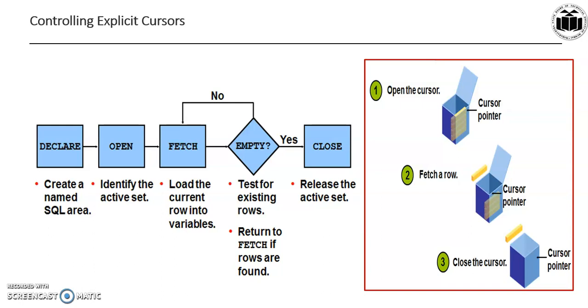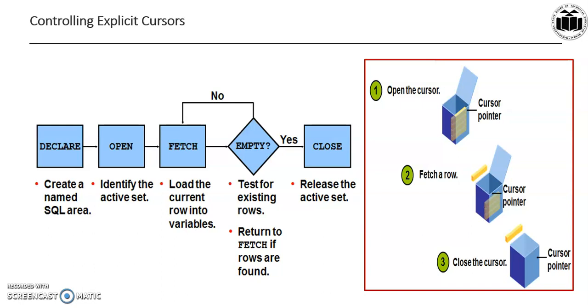When we have only a single variable to store multiple values, at that time a cursor is required, and to perform that operation we need to fetch information from the active set and store it into variables one by one. After fetching, we need to check whether the active set is empty or not.